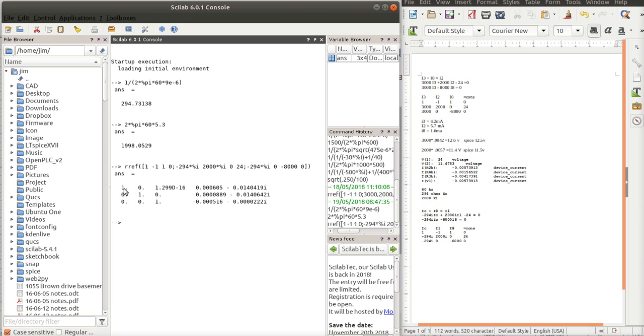Okay, now this is 1.299. D is sometimes used as an exponent, to the minus 16th. So we're going to count this as a 0. So this comes out to tell me that my IC is this current, half a milliamp plus 14 milliamps in the I direction.